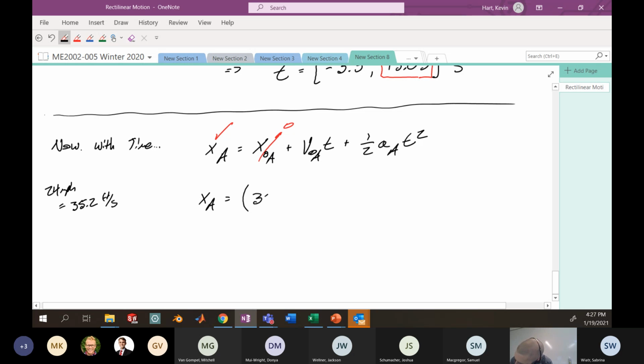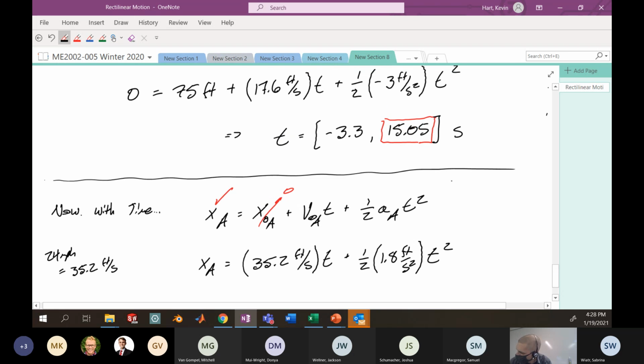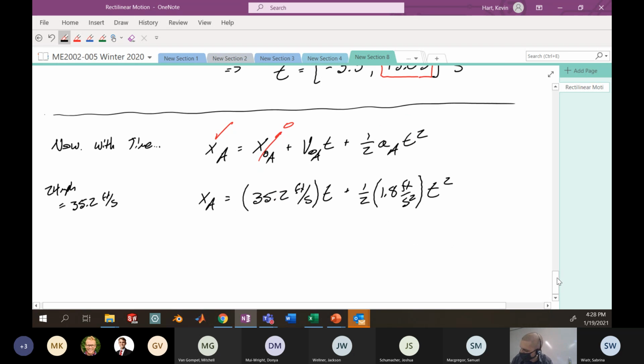So here we have 35.2 feet per second times our time, plus 1/2 the acceleration of A, which we're given in the problem initially as 1.8 feet per second squared, times time squared. And we're going to plug our time variable in here from above, so we can use our 15.05 seconds.